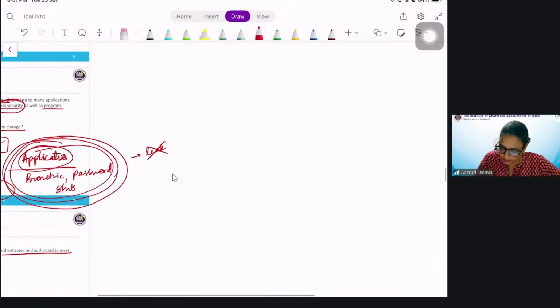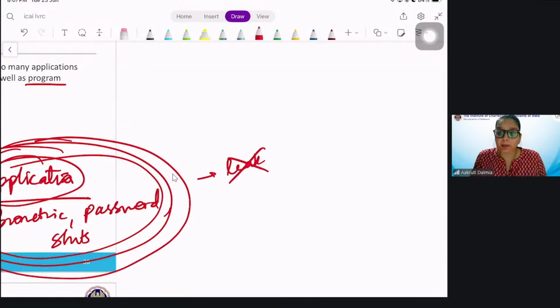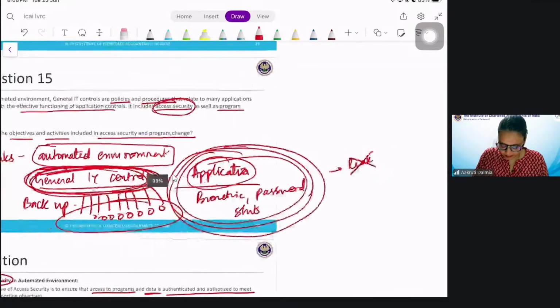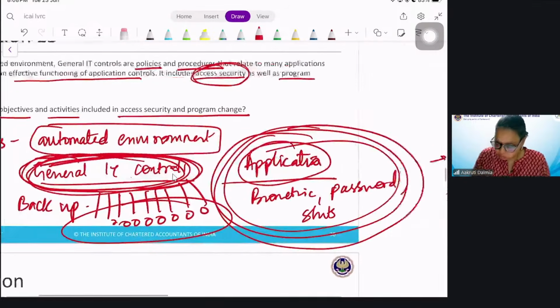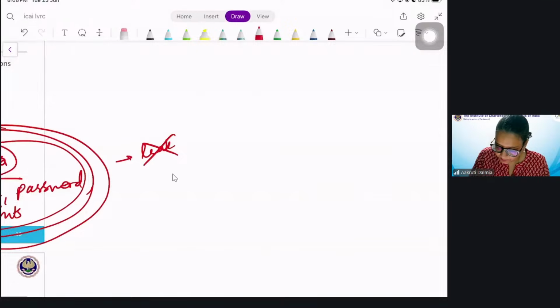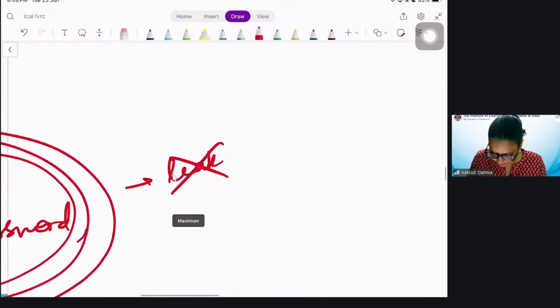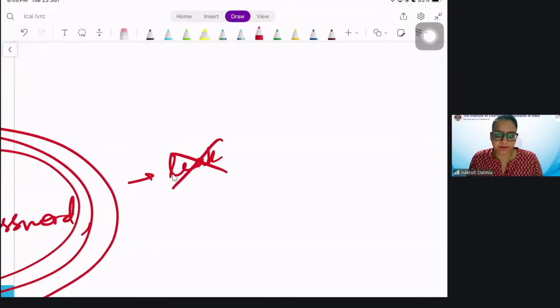One second, students. Just give me one second. My Apple Pencil has suddenly stopped working. You know what risk this is? It's 100% charged.